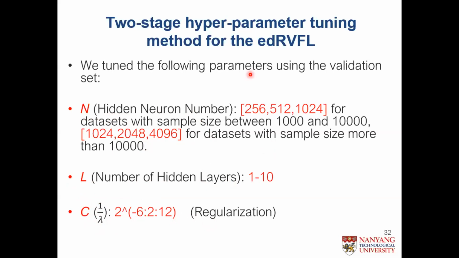So we tried to propose a two-stage hyperparameter tuning, which is a little bit faster than one-stage tuning. So in the first stage, we tried to identify approximately the suitable number of hidden neurons, a suitable value for C, and then a good activation function. So we did this coarse to fine search. In the first stage, we do a coarse search, and in the second stage, we do a fine search.